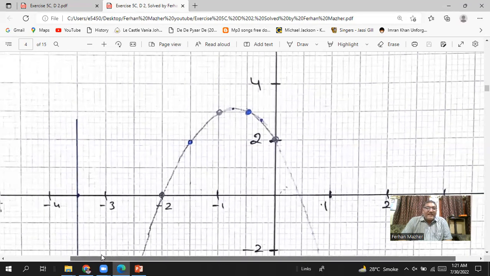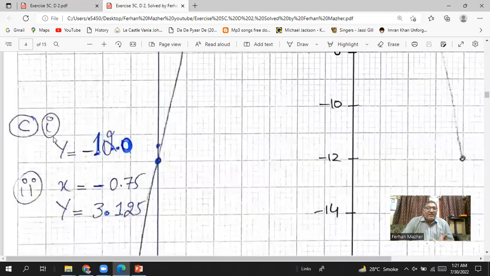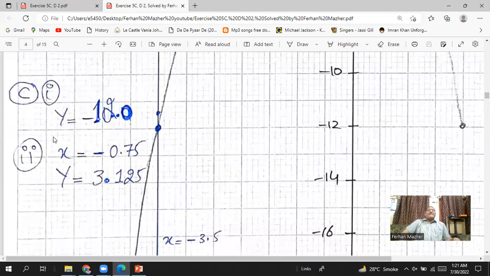The value of x here is minus 0.75, and the value of y here is 3 point something. So my answer is: at x equals -0.75, you have the maximum value, and the maximum value is y equals 3.125.